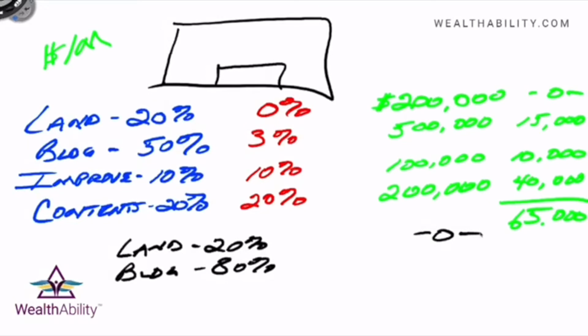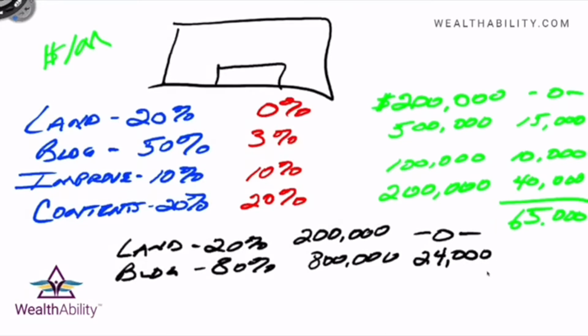And my building would be 800,000. This is 200,000. My building would be 800,000. At 3% would be $24,000. So here's my difference, and that's a pretty significant difference right here.